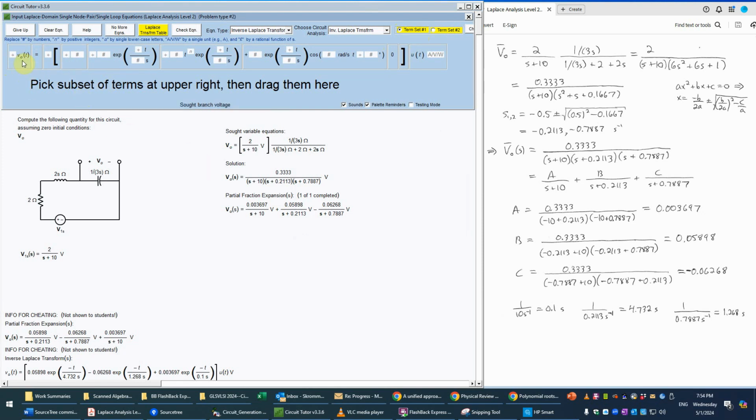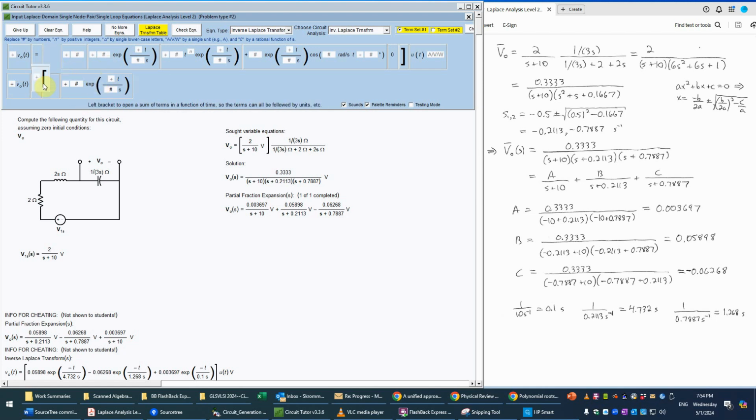So our v0 of t is our variable, and then that's going to be equal to, and then each of these terms, they're all of the form, well, a constant over s plus a, if you will, and therefore they all will have the same inverse transform, which is this decaying exponential.